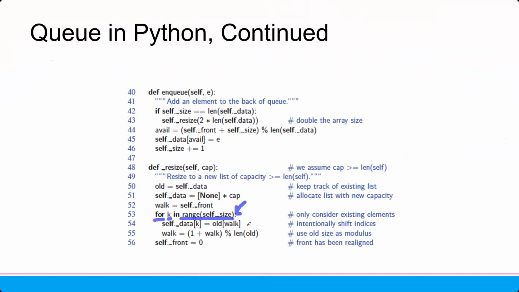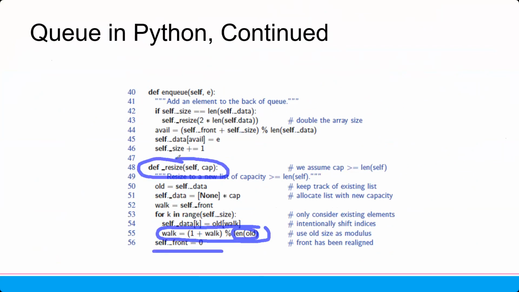So every data in the old position of walk will be saved into the data in the position of k. And then we will update walk with walk plus 1 modulo the length of old data. Let's update the front to 0. Then we finish the resize here.